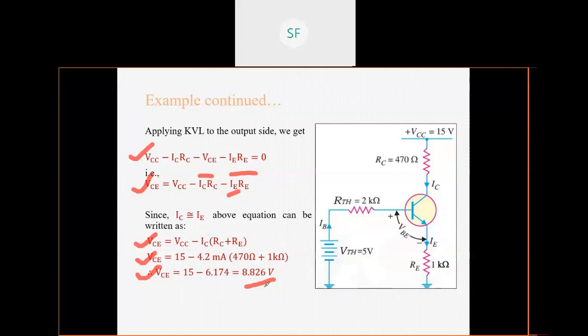Everyone got this answer, or is there any change?